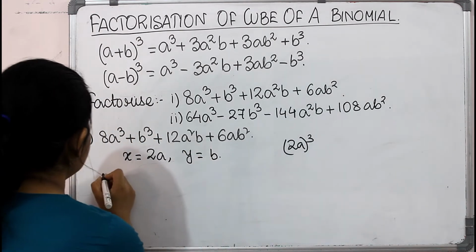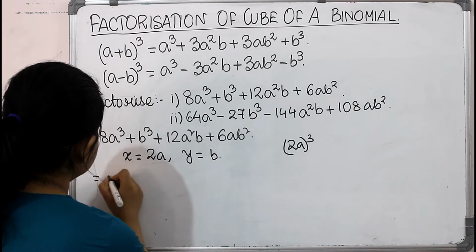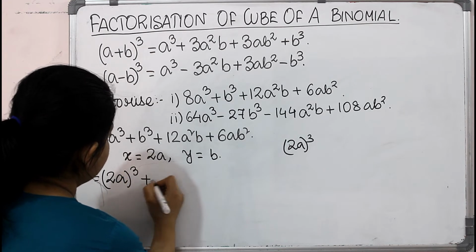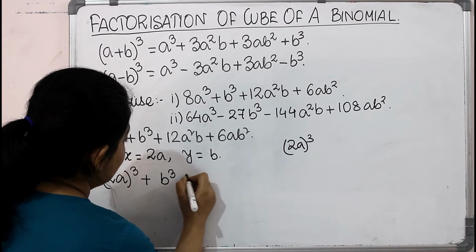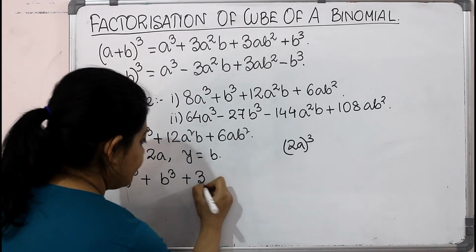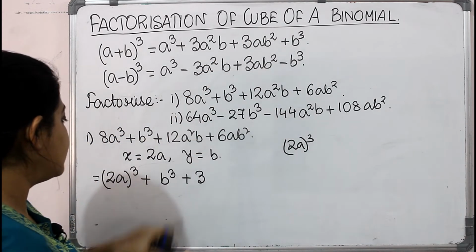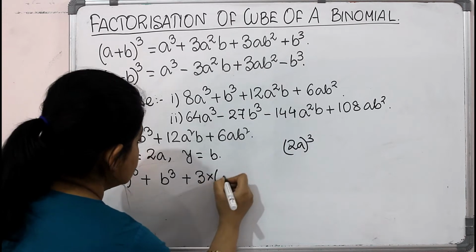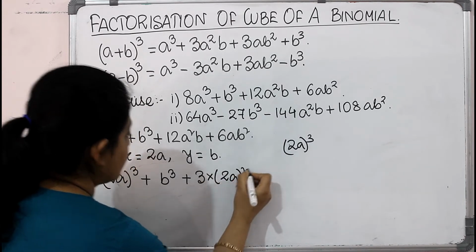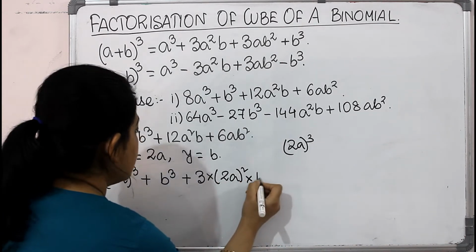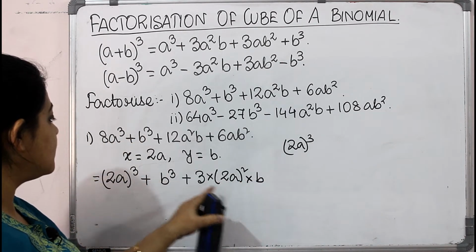Based on that, I will write this expression as (2a) whole cube plus b cube plus 3 into (2a) whole square into b plus 3 into 2a into b square. 12a square b can be written as 3x square into y.